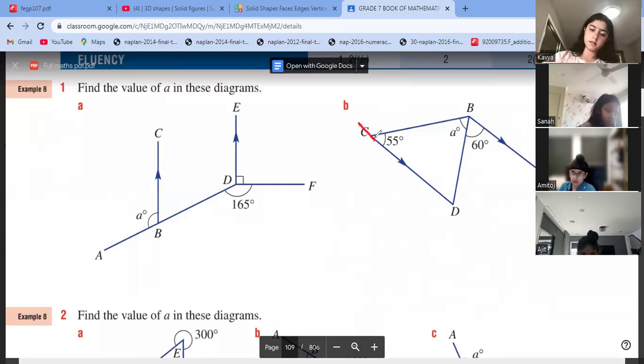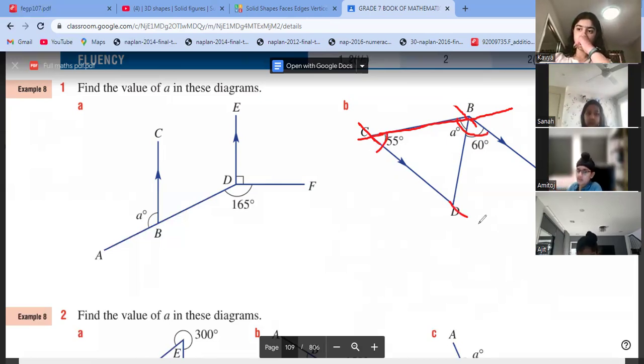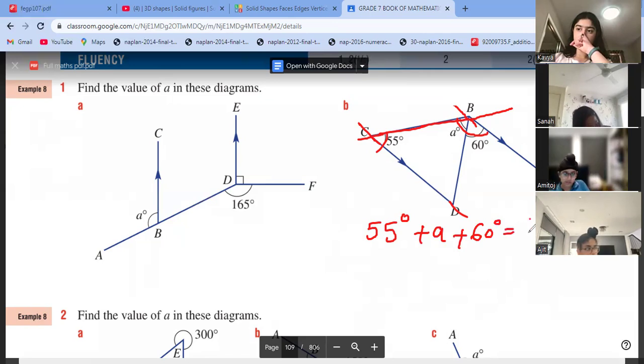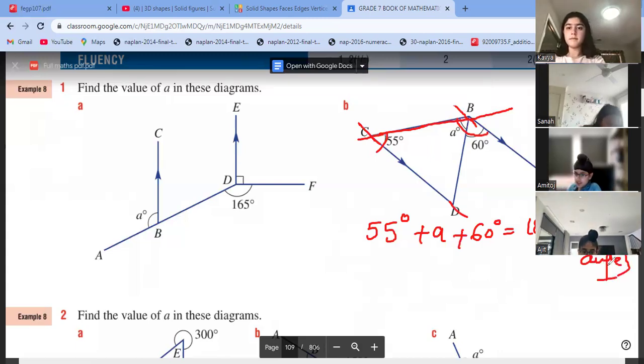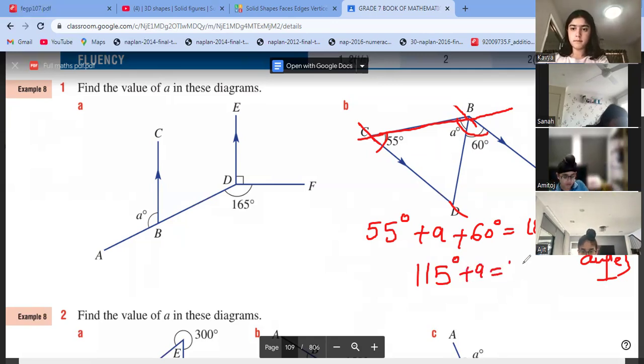So see, these are the two parallel lines and this is its transversal, right? And these two angles are forming co-interior angles, right? What is the sum of co-interior angles? That is 180 degree. It means 55 plus A plus 60 degree is equal to 180 degree because they are forming co-interior angles. So 115 plus A is equal to 180 degree.